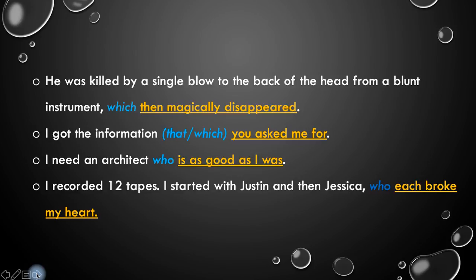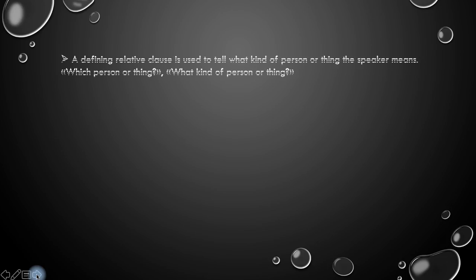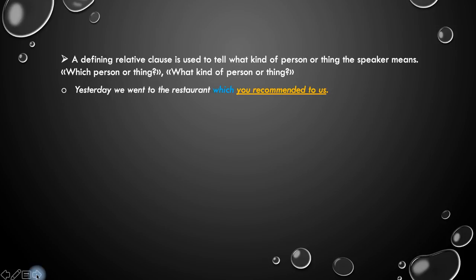Okay, let's start with defining relative clauses. When do we use defining relative clauses? We use them to tell what kind of person or thing the speaker means. So these clauses answer the questions: which person or thing, what kind of person or thing.